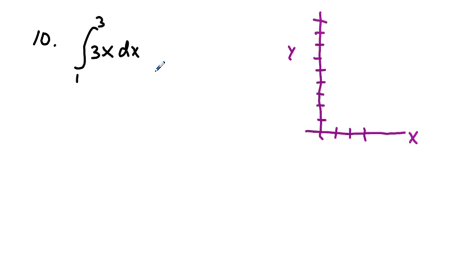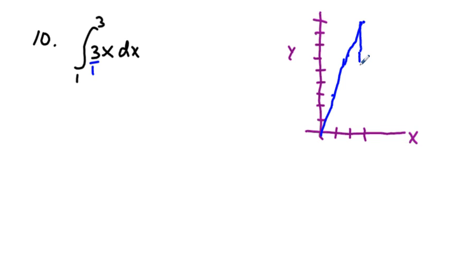So that's going to be a rise over run of 3 over 1. So up 3 over 1, up 3 over 1, up 3 over 1. So we have this type of line going like this, and we're interested in the area below.